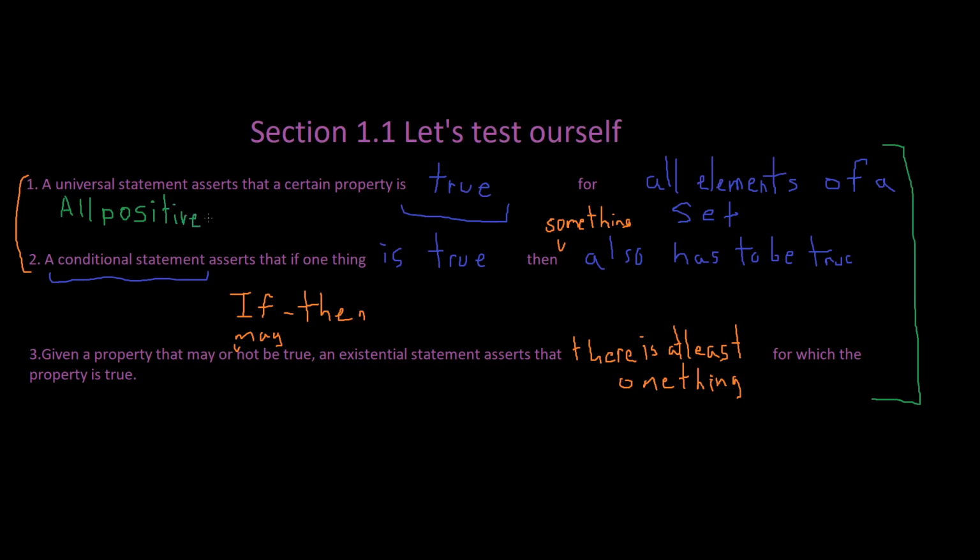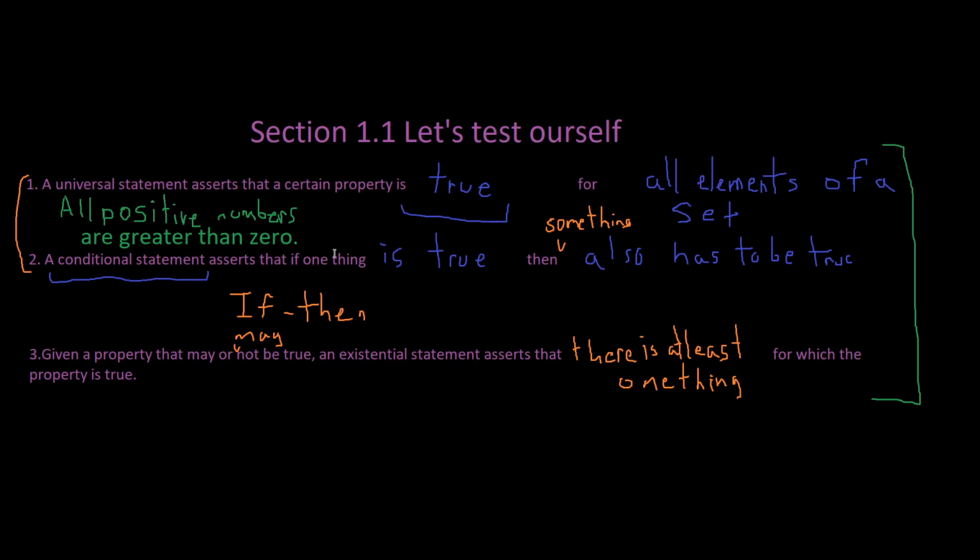All positive numbers are greater than 0. So let me type it. So all positive numbers are greater than 0. Period.